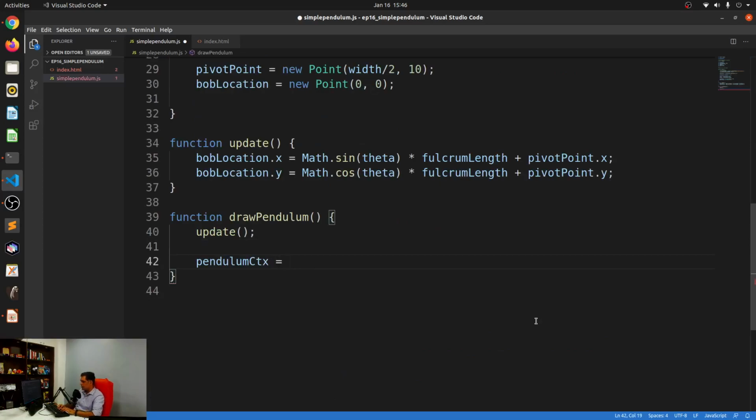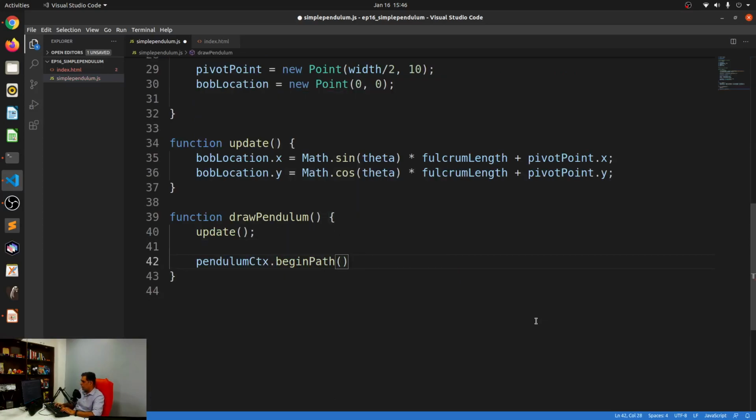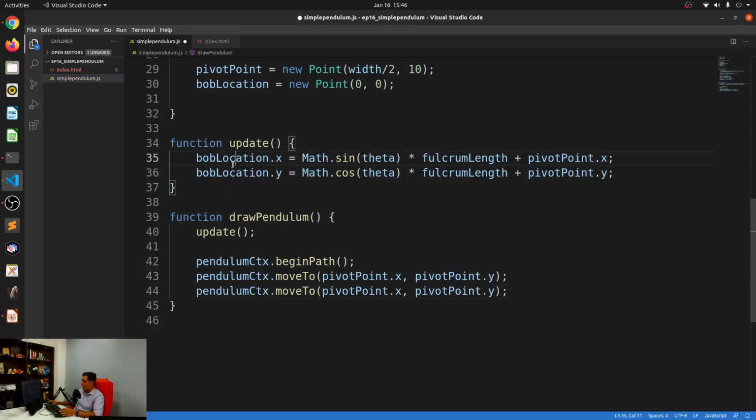Pendulum context dot begin path, pendulum context dot move to the pivot point's X and Y location, right? So move to pivot point dot X and pivot point dot Y. Say line to the bob location dot X and bob location dot Y.